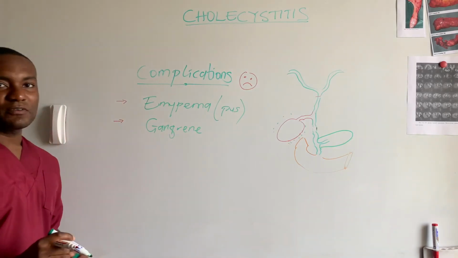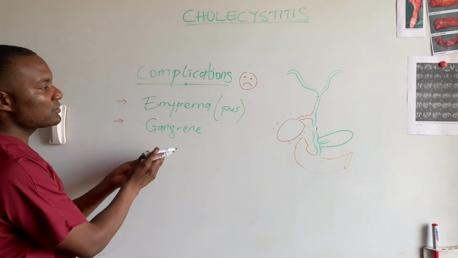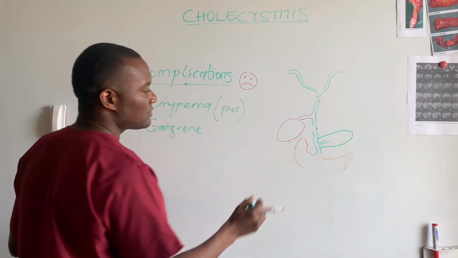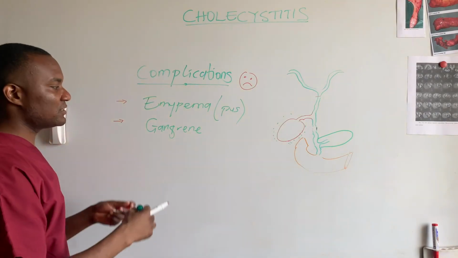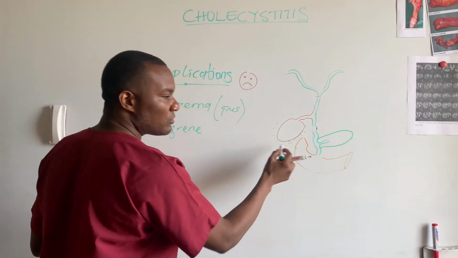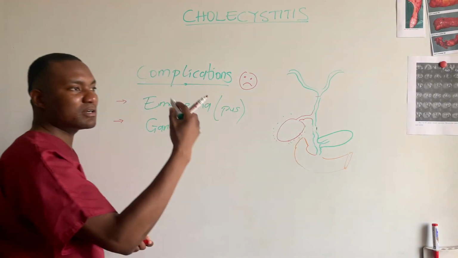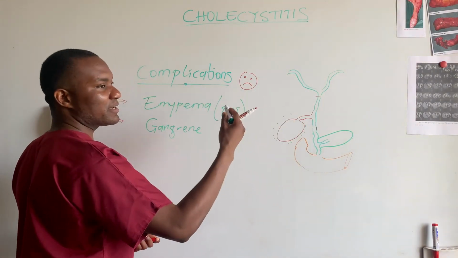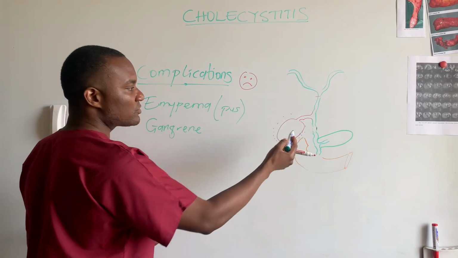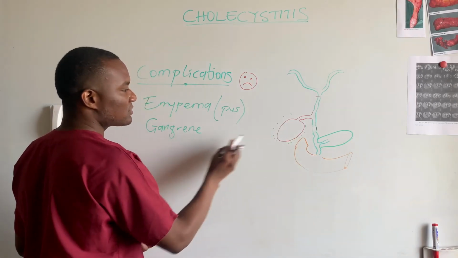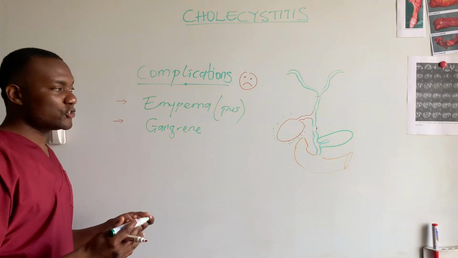The second complication is gangrene. If you remember from your pathology, gangrene is a form of necrosis. So it's the death of the gallbladder, the necrosis of the gallbladder, because there is no longer blood supply and venous drainage from the gallbladder. So the gallbladder tissue dies.